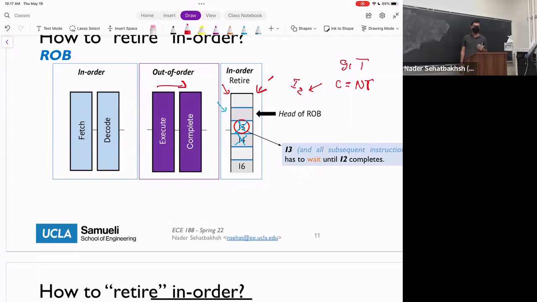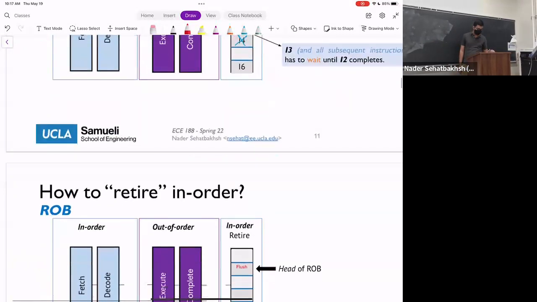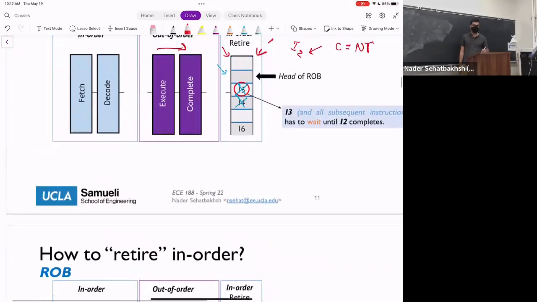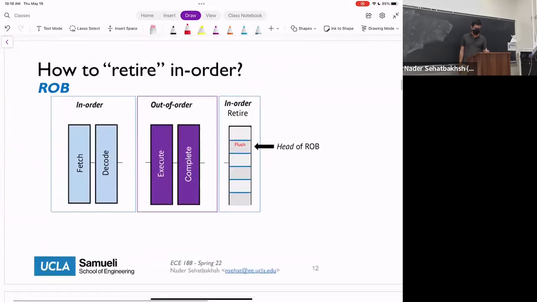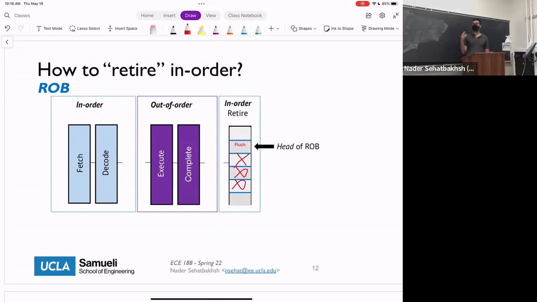And the beauty of the ROB is that flushing is just the simple thing of discarding all these other instructions. So we just remove them, zeroing out our buffer, and that's all we need to do for the flush. We go back to the correct instruction, and we start executing.